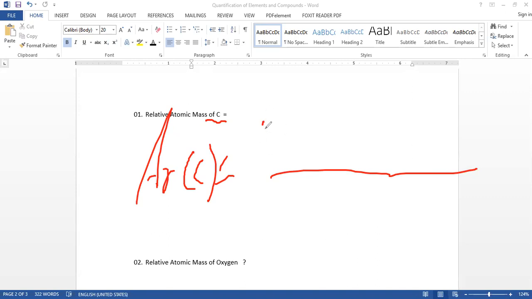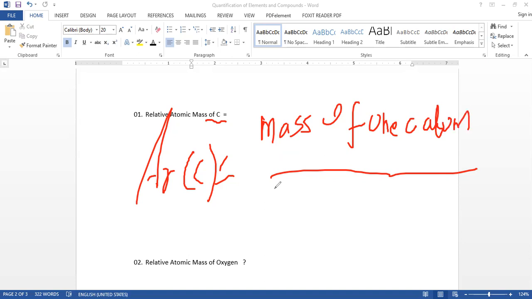We already did this one, but I'm just writing. Mass of one carbon atom over one twelfth of 12C carbon.